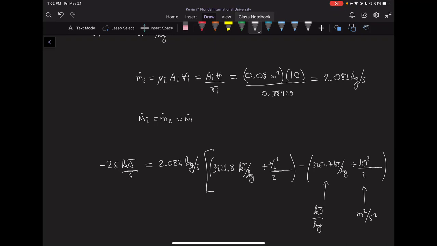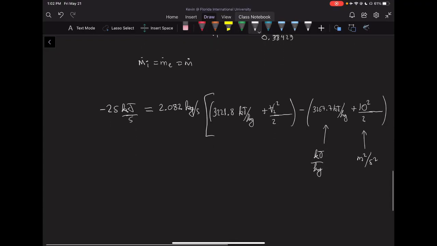Essentially, meters squared per second squared is equivalent to joules per kilogram. So joules per kilogram is equal to meters squared per second squared.